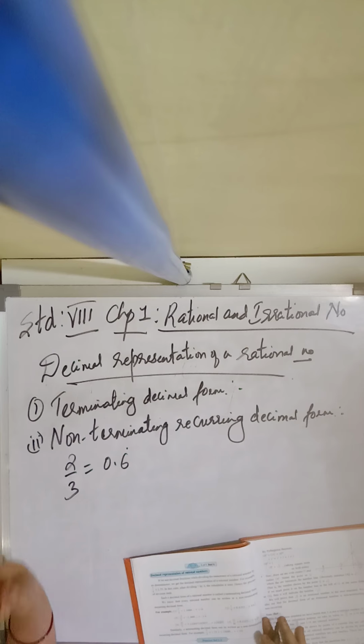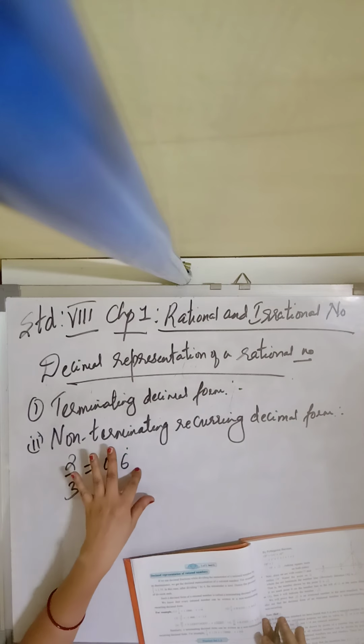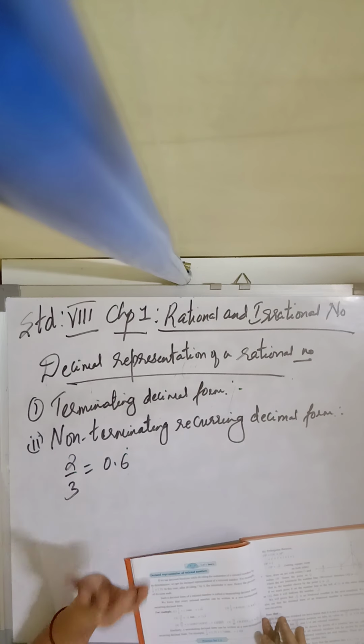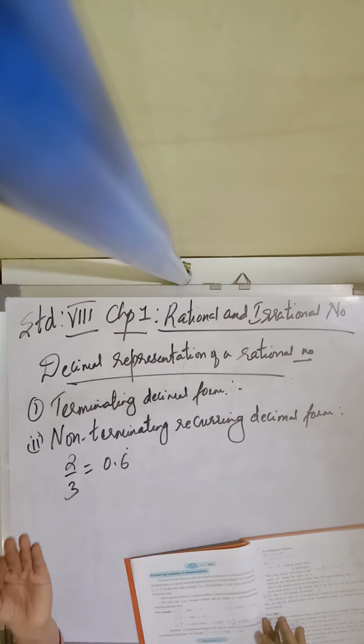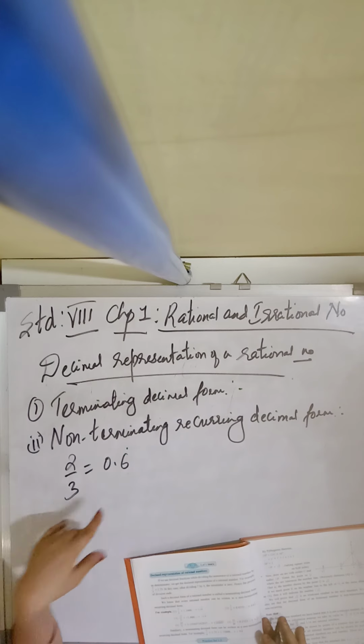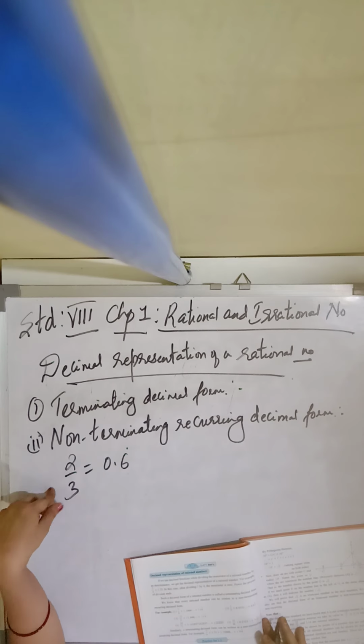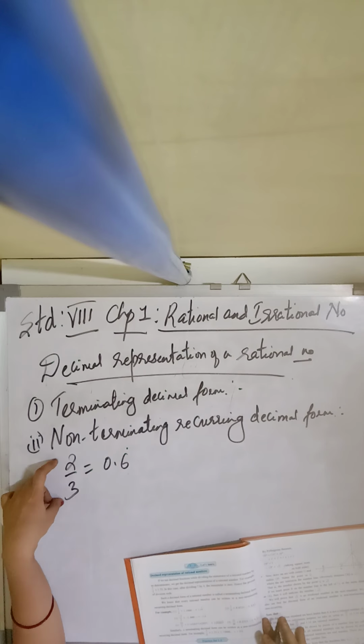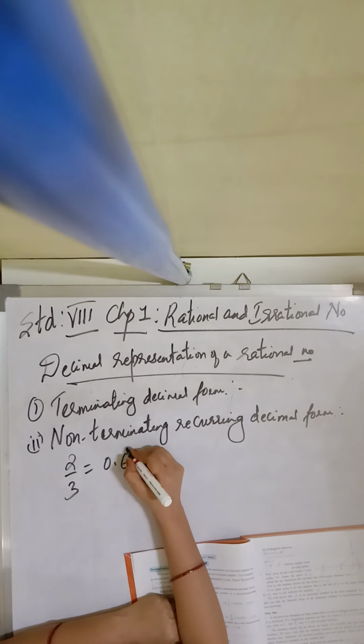Now one more example. Here we had concluded that in non-terminating recurring decimal form, the division is not getting over and the same number, one digit or two digits, is recurring, meaning repeating after the decimal. Yes or no? In this rational number 2 upon 3, when we converted this into decimal, we were getting that number 6 was recurring after the decimal, and to show that recurring we had used a dot.